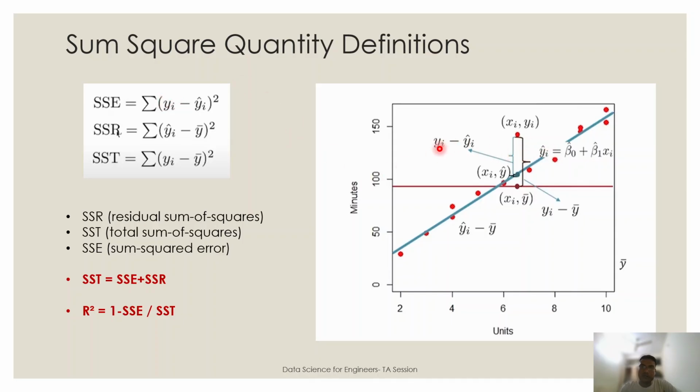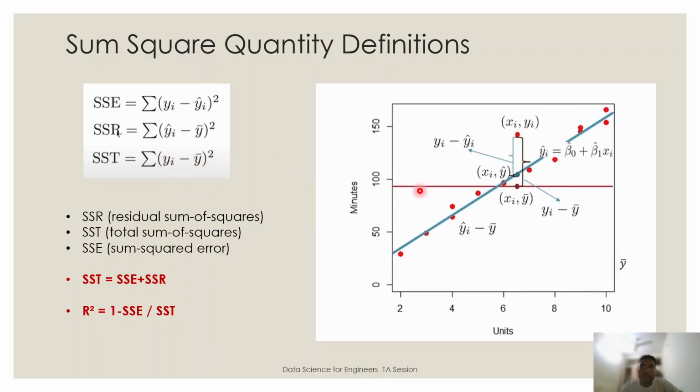So you are able to see yi minus yi hat. This particular difference, shown here in blue, is called the residual sum of squares. It's yi minus yi hat and then whole square. That's what we calculated in the previous numerical. Then the total sum of squares is equal to yi minus yi bar.